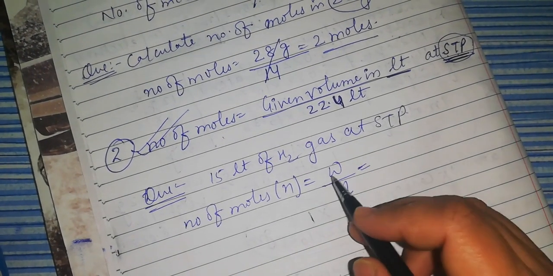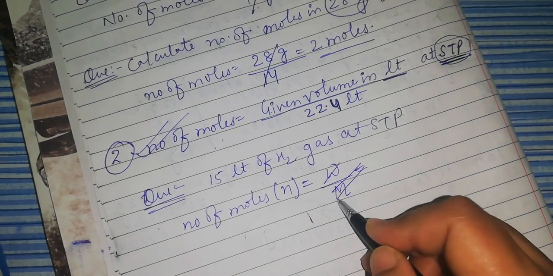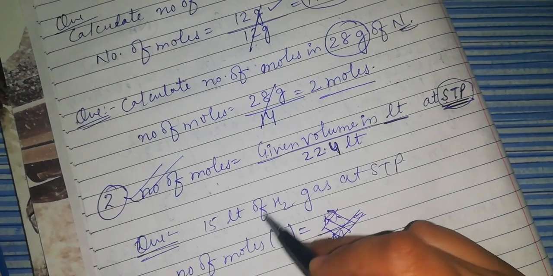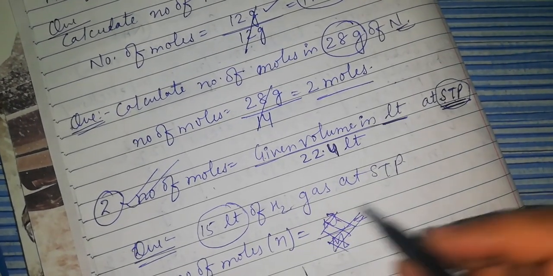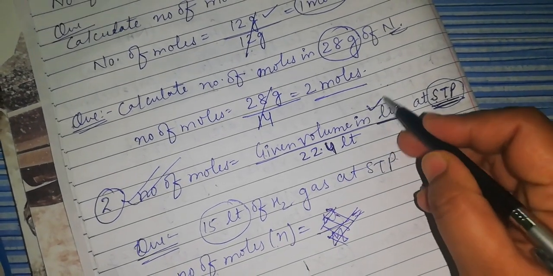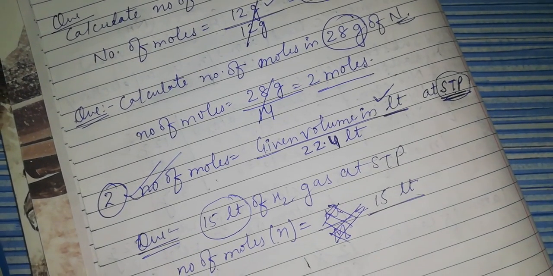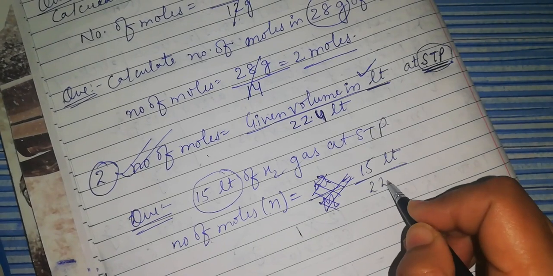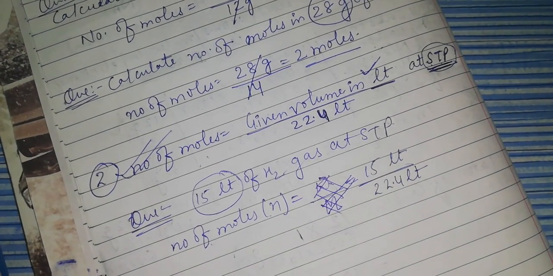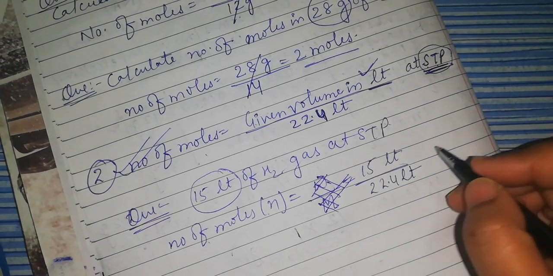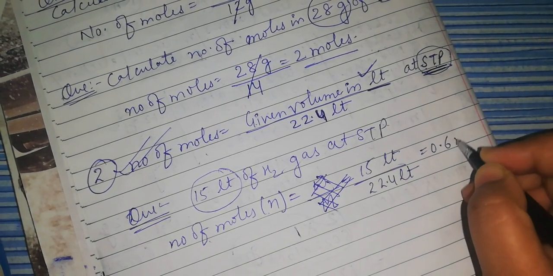Here volume is given, so we cannot apply the weight formula. Number of moles will be given volume, 15 liter, divided by the constant 22.4 liter. So 15 by 22.4 we will get 0.6 moles.